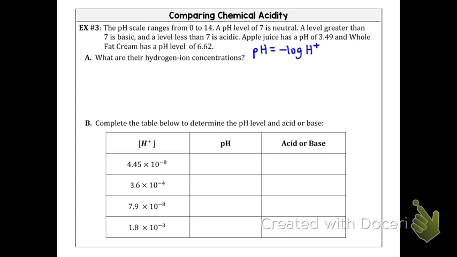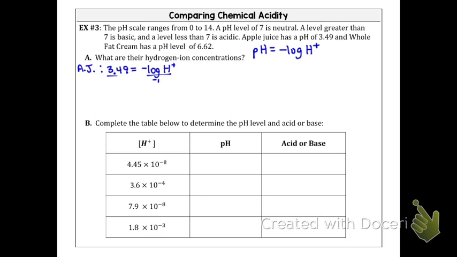All right, so for when we're looking at apple juice, we know that it has a pH level, it tells me, of 3.49. So we know that 3.49 is equal to negative log of the hydrogen ion concentration. And so I want to solve for the hydrogen ion concentration, so I got to get rid of that negative first.